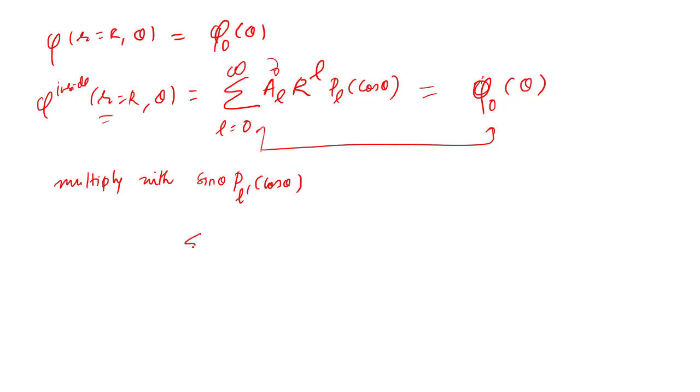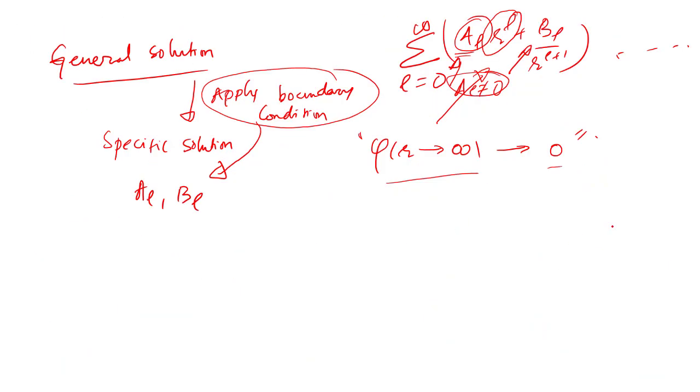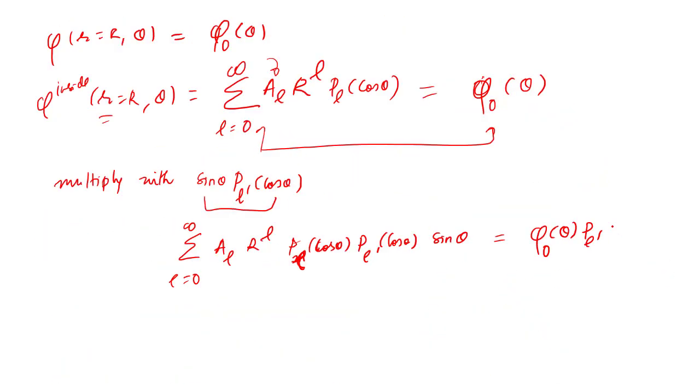Then we would have the sum over L equals 0 to infinity of A_L R to the power L P_L of cosine theta, P_L prime of cosine theta, and sine theta. We're multiplying each term with this. And on the right hand side we would have phi 0 of theta, P_L prime of cosine theta, sine theta. We just multiplied with this term. That's all we did.